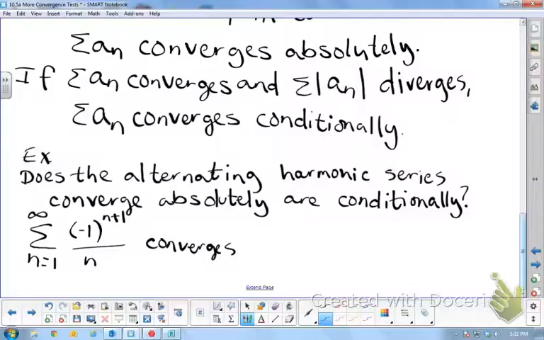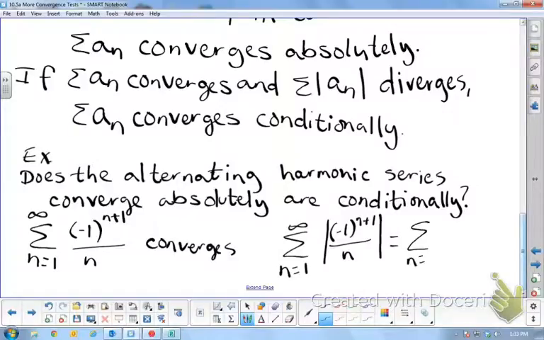Now we've got to check the absolute value of this series. So what's the absolute value going to do to this? Take out that -1, and really we just have the series 1 over n.